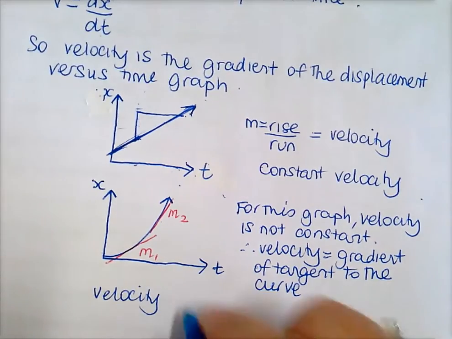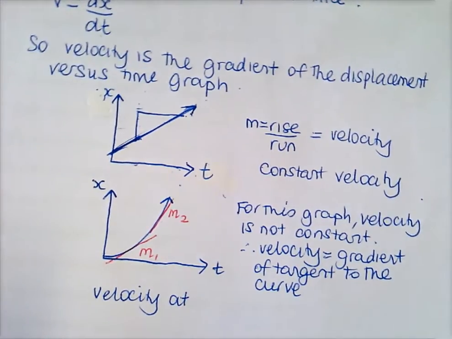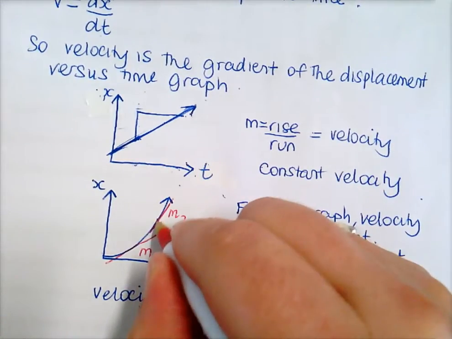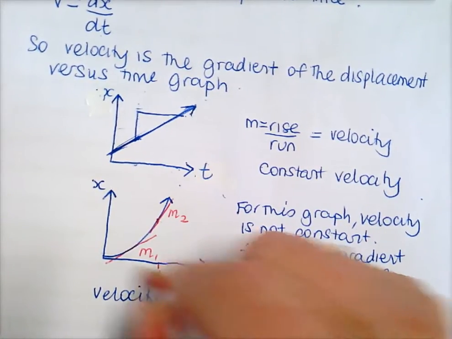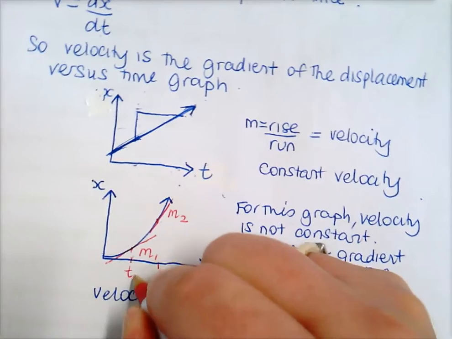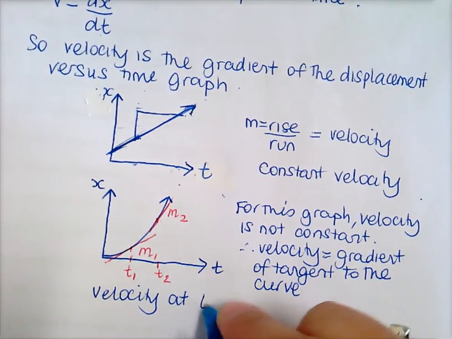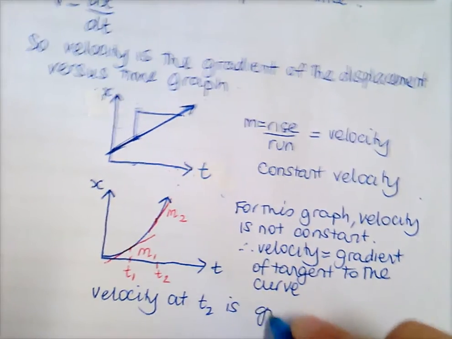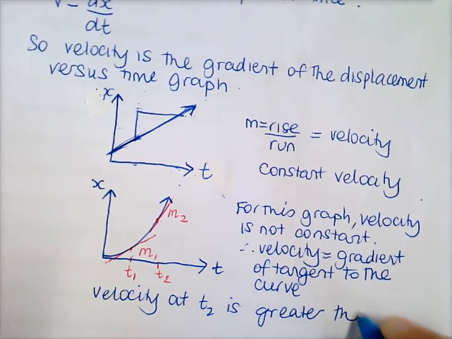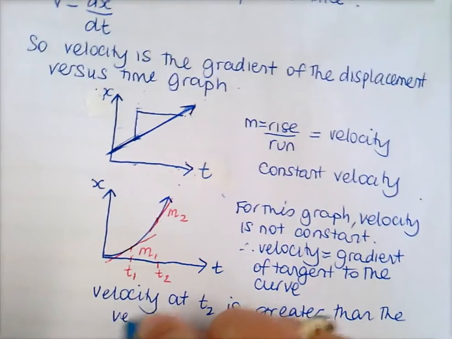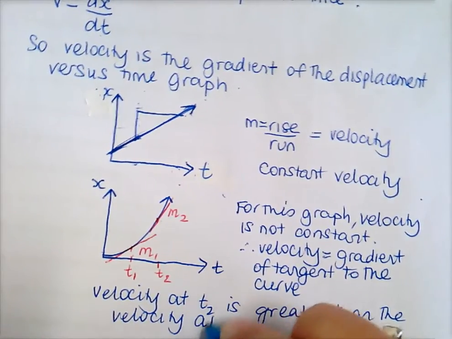So here we can say that the velocity at, I'm just going to call it t2, and maybe down here is t1. So the velocity at time t2 is greater than the velocity at t1.